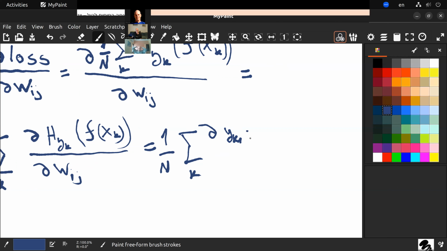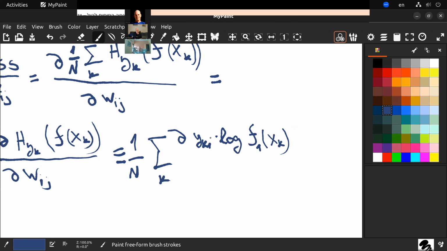Yes, and multiply, let me put a minus here to write plus log. So this is log of f of xk, and please allow me to write something like this. This is the first coordinate, because the function gives us a two-coordinate vector, right? So it's the first coordinate. Are you with me?